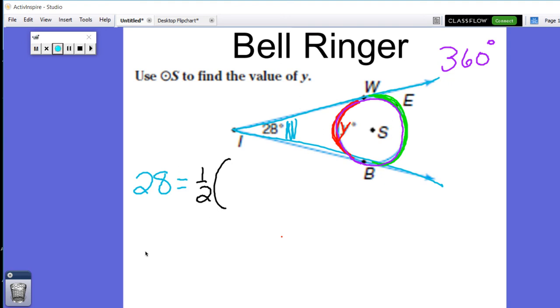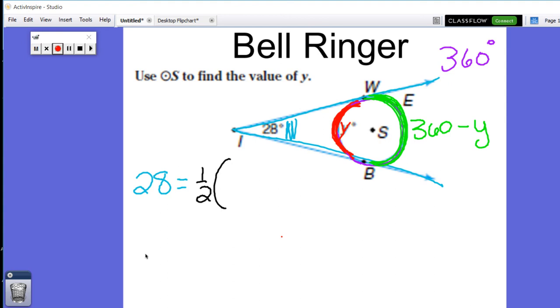So if I had a number, I would usually subtract 360 minus that number to get my other arc. Because I do not have a value for the smallest arc, all I'm going to do is put 360 minus y. That arc is 360 minus this arc right here.